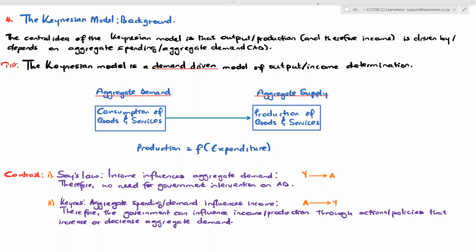If you still remember, we say Say's law is a supply-driven model, meaning that the model basically postulates that expenditure is a function of production, meaning whenever there are goods and services that have been produced, then there's always going to be an expenditure.